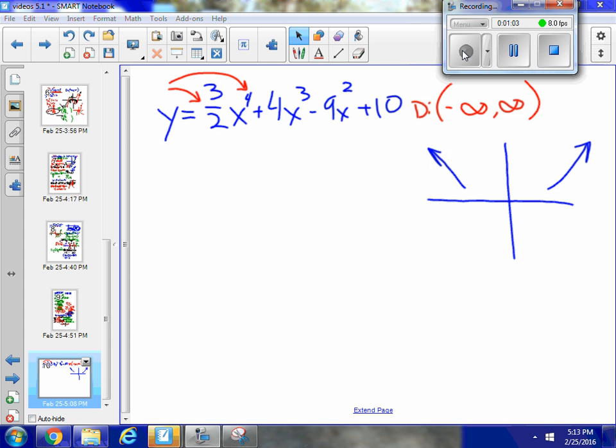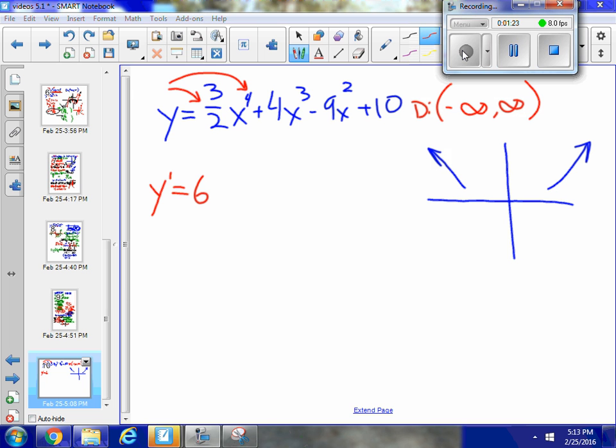So if I want to find relative maximums or minimums, I need to take the derivative and see if I can find where it equals 0. So first let's take the derivative. I have y prime equals, well, 4 times 3 halves, so the 4 and the 2 are going to cancel out.